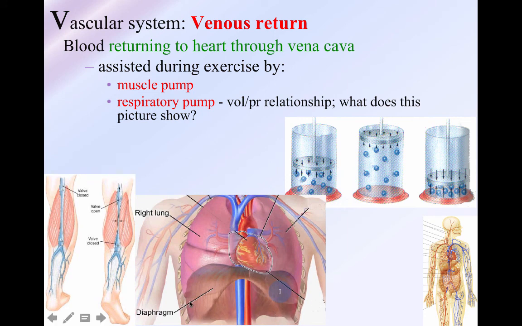And so when you inhale, the diaphragm contracts and moves downwards. That's increasing the volume up here in the thoracic cavity, which decreases pressure. At the same time, it's decreasing the volume in the abdominal cavity, which increases the pressure. That squeezes on the inferior vena cava. We reduce pressure on the superior vena cava, and so a little bit more blood comes up through here.